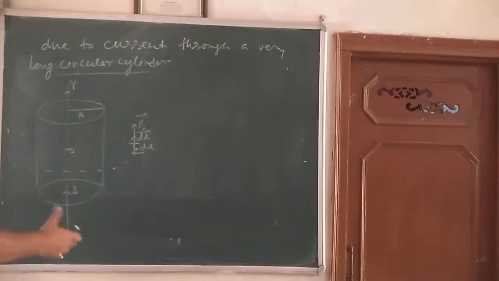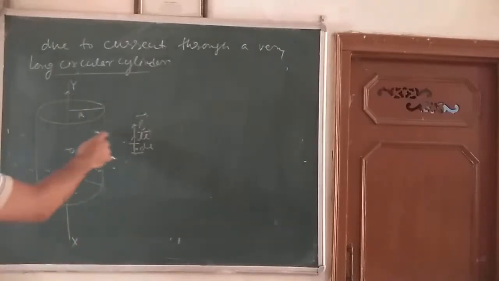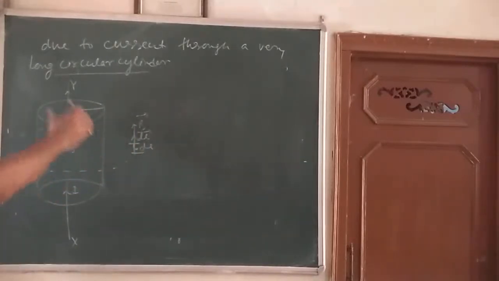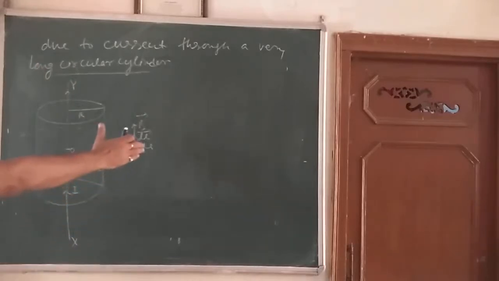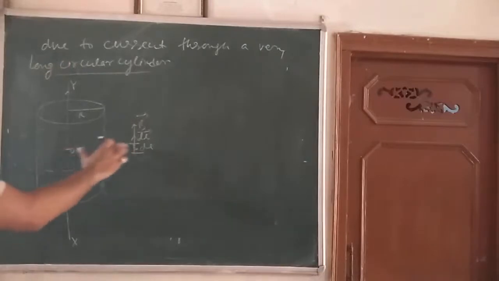A magnetic field is set up due to the current through the cylinder, in the form of circular magnetic lines of force, with the center lying on the axis of the cylinder. These lines of force are perpendicular to the length of the cylinder.